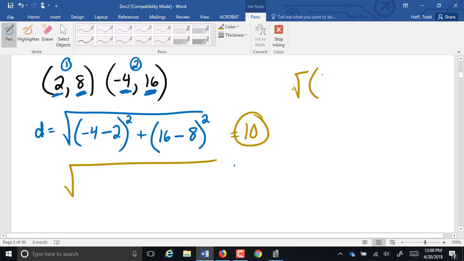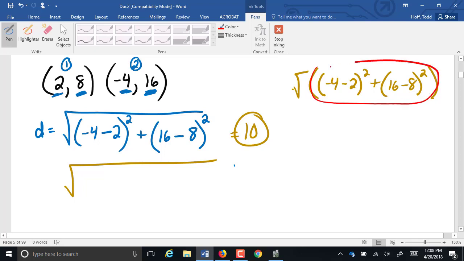So when you do that, you still have to put in that first parentheses. So you have 2 right after the square root symbol, negative 4 minus 2, close parentheses, squared, plus, in parentheses, the 16 minus 8, close parentheses, squared. And you would have to remember to close the parentheses at the end of the square root then. Tell the calculator that all of that, from this parentheses to that parentheses, is part of the square root.